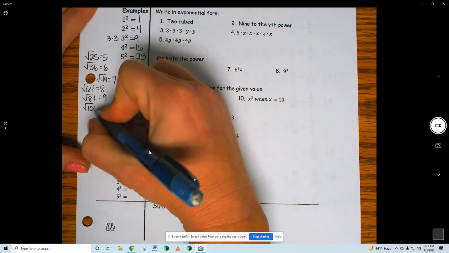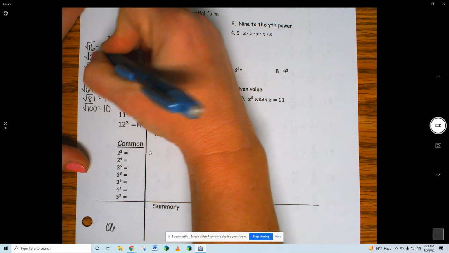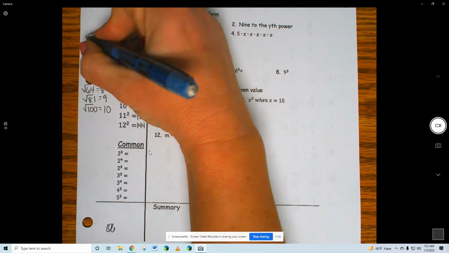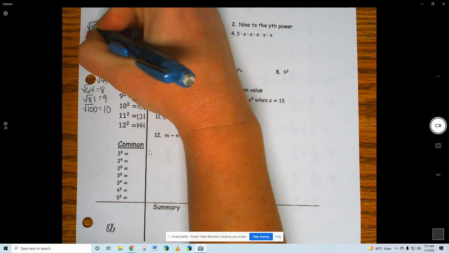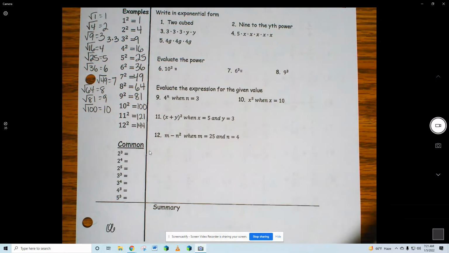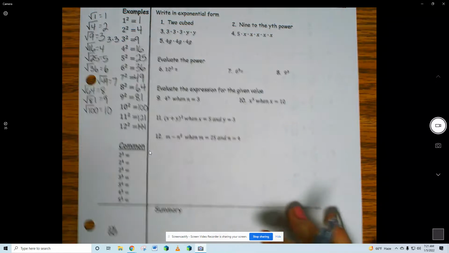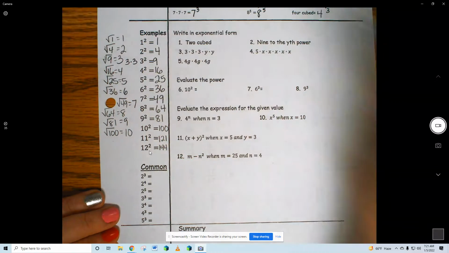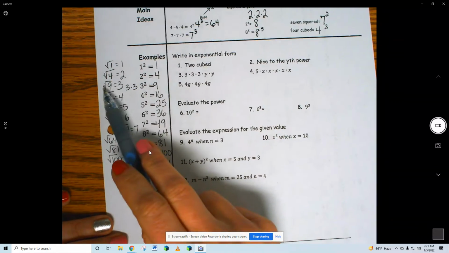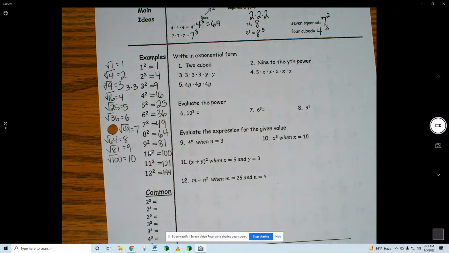The square root of 100 equals 10. Let me do the ones up above. The square root of 16 equals 4. The square root of 9 equals 3. The square root of 4 equals 2. The square root of 1 equals 1. And these are all implied. There's little 2's right here. But I'm not going to write those little 2's, but it's implied that there would be a little 2 in that index root position.